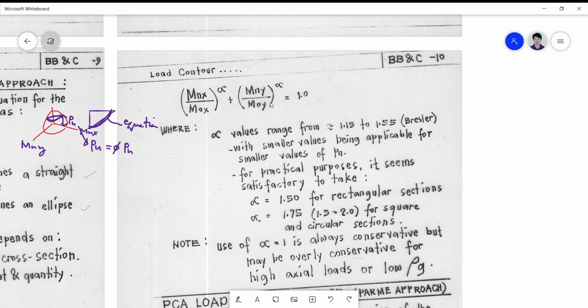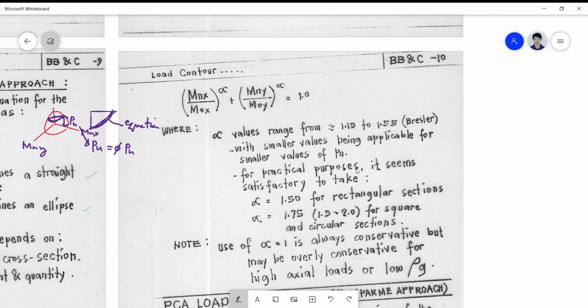Okay, so the formula now is fixed on this, where alpha is the values ranging from 1.15 to 1.55. Okay, so hindi siya umabot sa circle, ano? So Bressler tells us, hey, don't make your alpha reach 2. Okay, so dito ka lang.